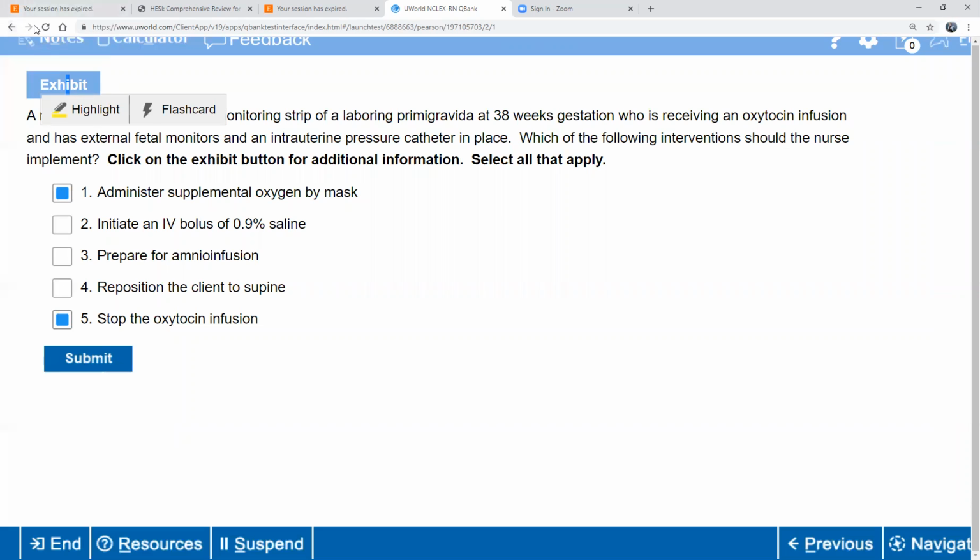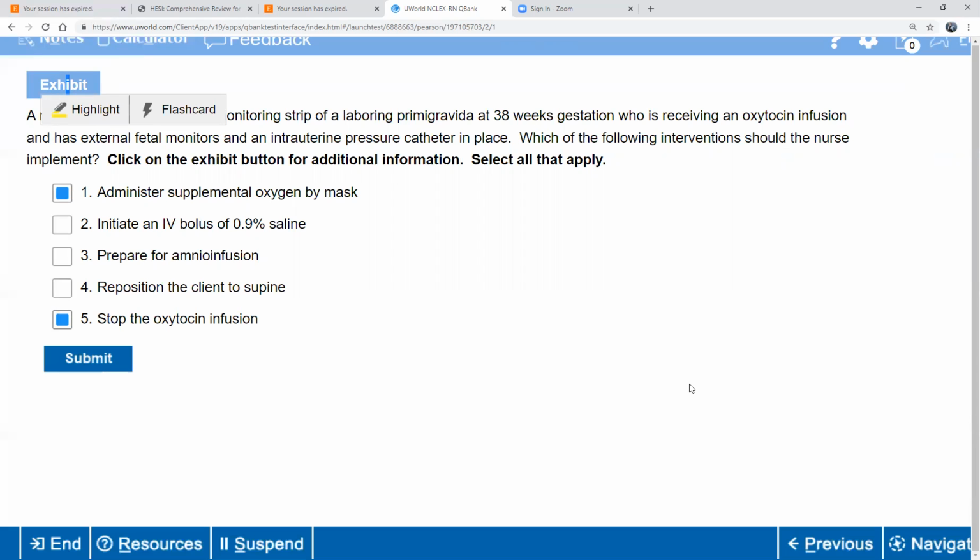Okay. Amnioinfusion. What is amnioinfusion again? I think that's when we give amniotic fluid because it's too low. Oh no. IV bolus of normal saline. Okay, what's the rationale?